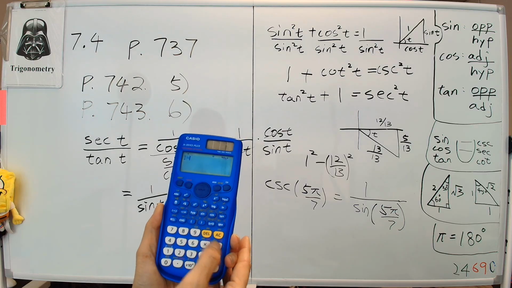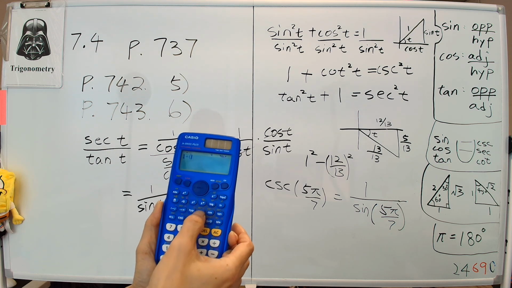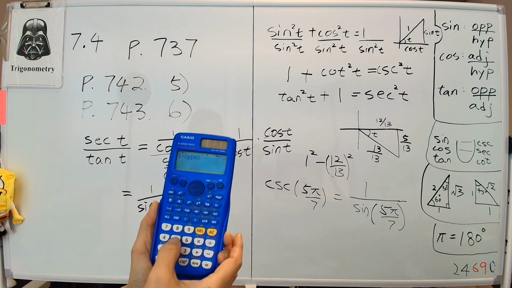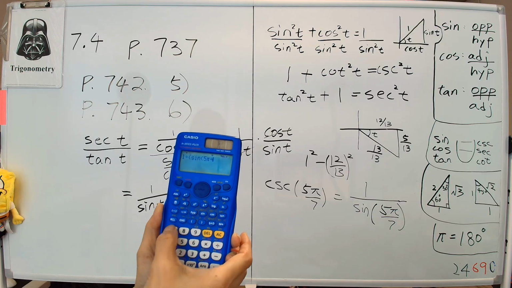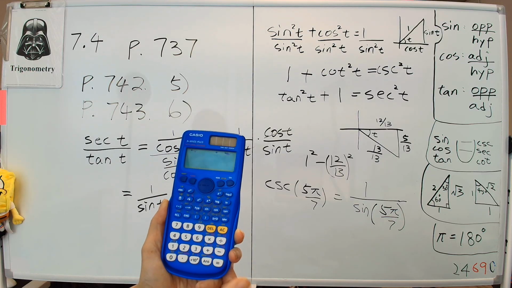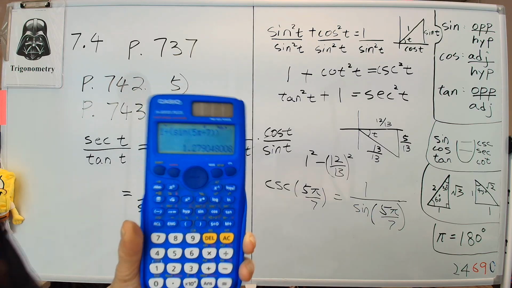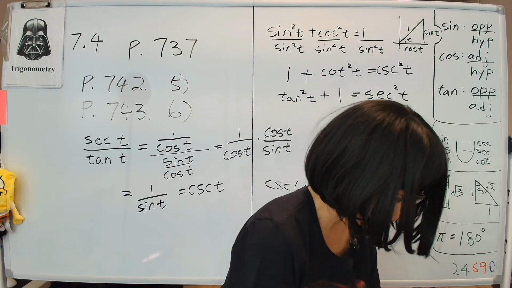So 1 divided by, we'll put parentheses here just to be safe, sine of 5 pi divided by 7, and then close parentheses, a couple of close parentheses, and that equals 1.279, which is what the book says. Okay, that's all there is to it.